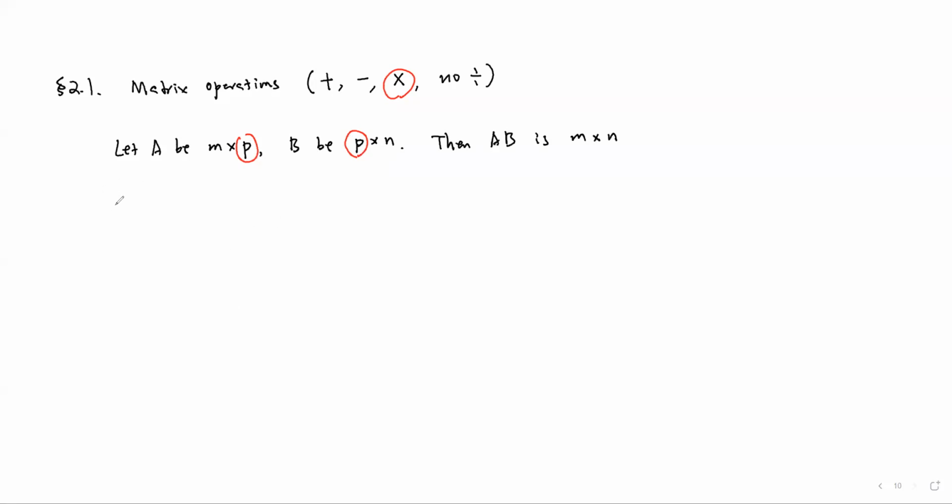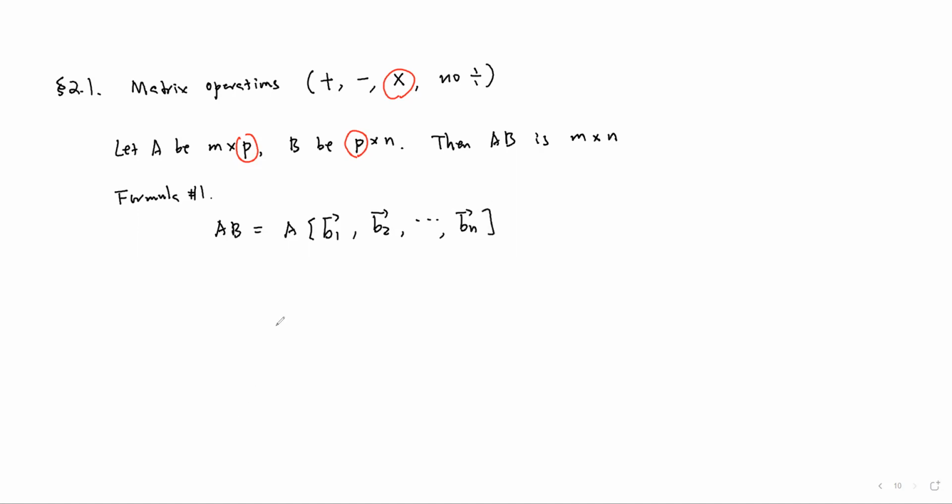The formulas: two formulas. Formula number one. Write down the formulas on your formula sheet. How to compute A times B? Cut matrix B in columns: first column, second column. How many columns? N columns.